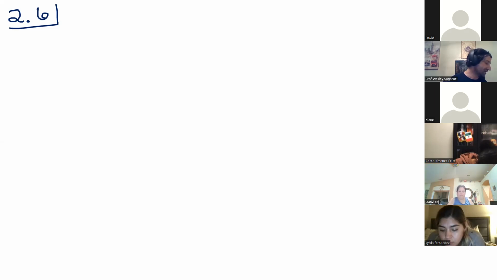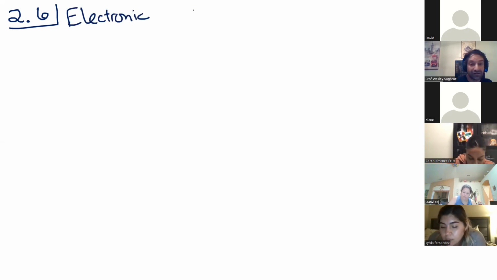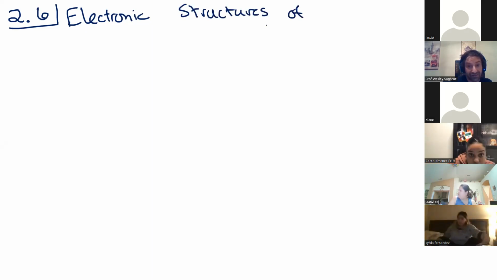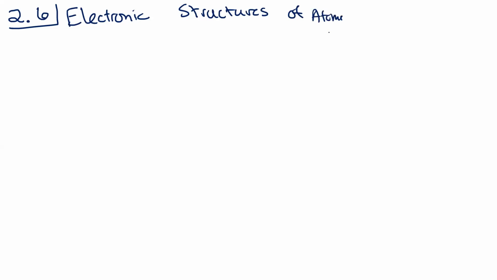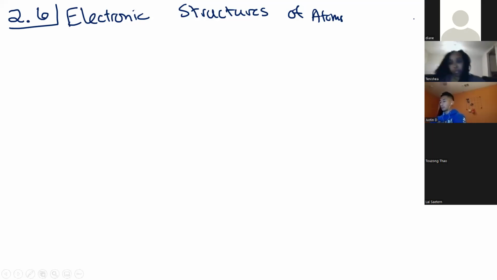This section in the book is called Electronic Structures of Atoms.